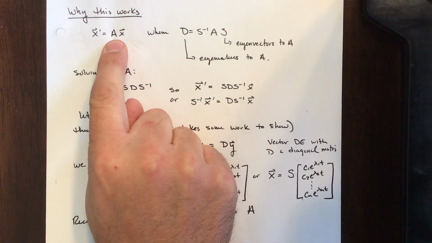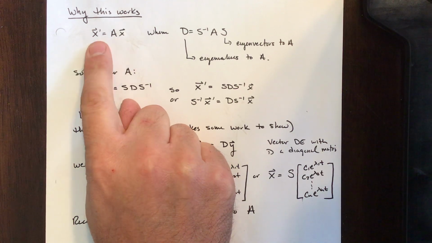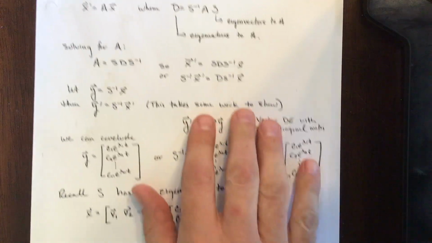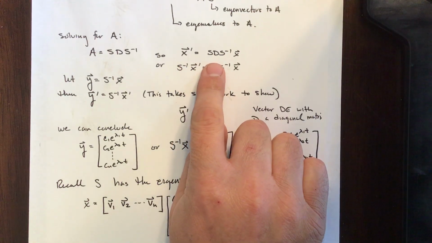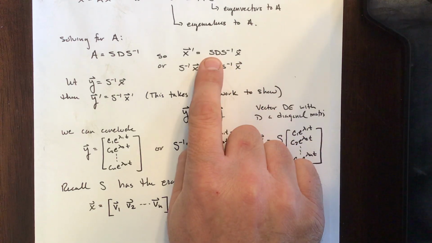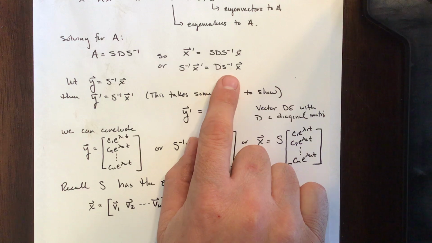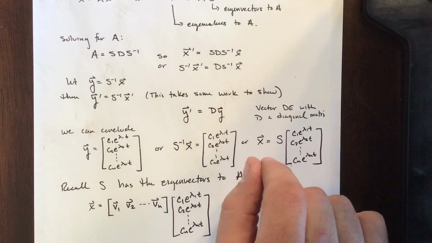So sub that into this vector differential equation. What you get is x prime equals SDS inverse times x. If you multiply on the left by S inverse, you get S inverse x prime equals D times S inverse x.